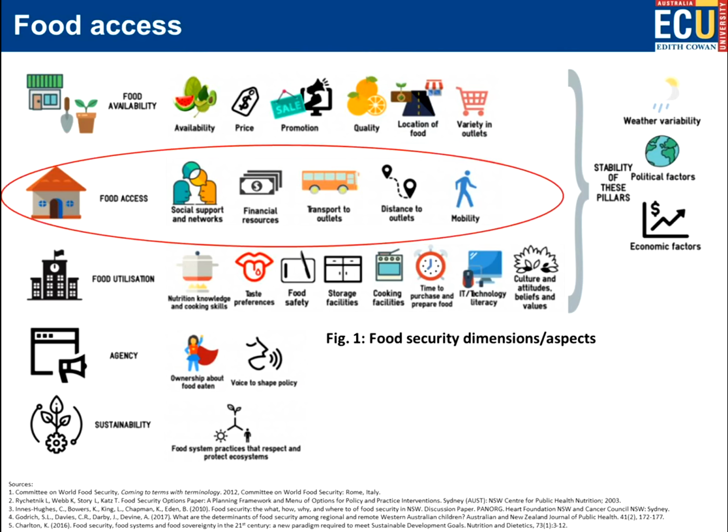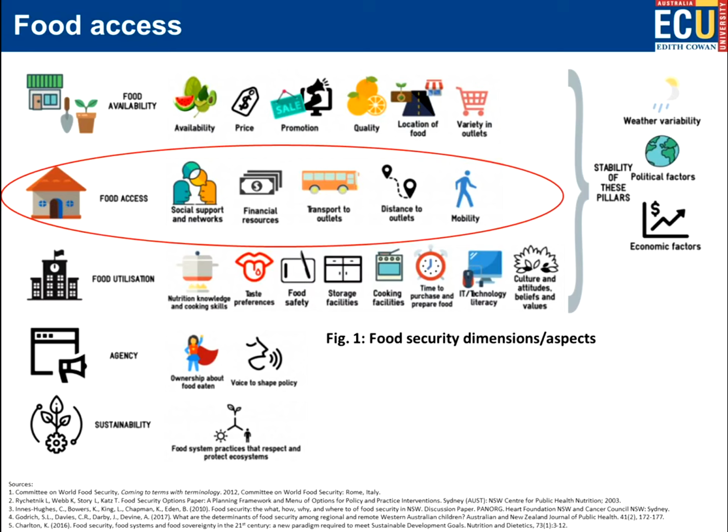At the food access dimension, we have social support and networks, which are important to help people with that social access to food. We have financial resources for individuals and households. We have transport to food outlets such as active transport, public transport, and private transport.